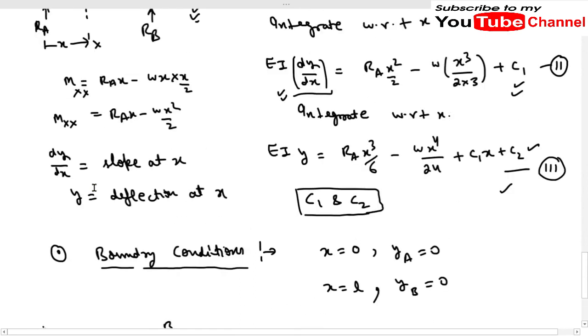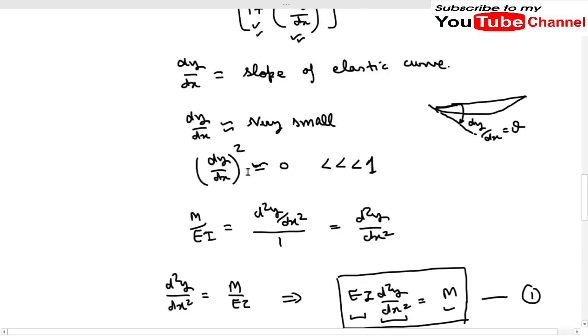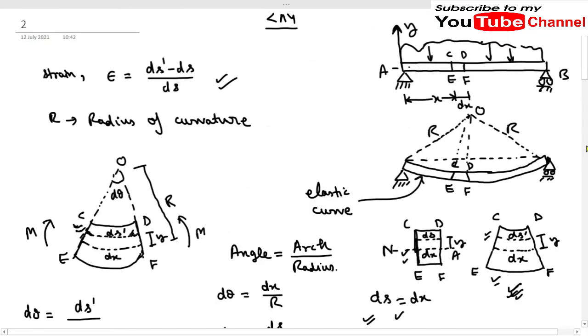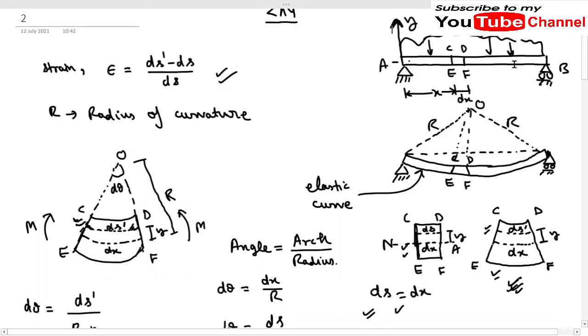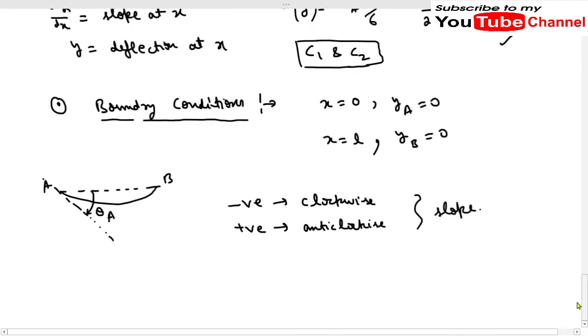And for deflection from equation number 3, as initially we have said that we are assuming the y direction is positive in the upward direction. We will use this for establishing the sign convention. So here this is our positive y direction and here y is negative.